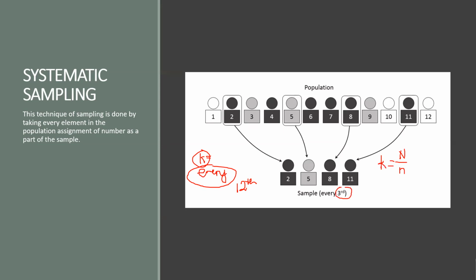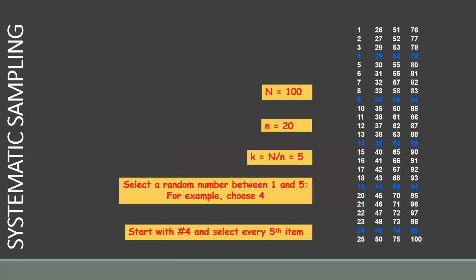So let's apply this formula. We have here a total of 100 individuals, so your N, or your population, is equivalent to 100. And the sample size computed from 100, let's say, is equivalent to 20.